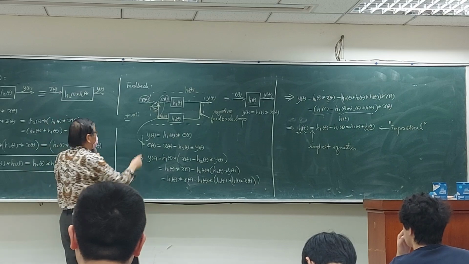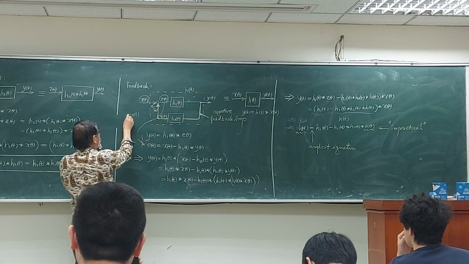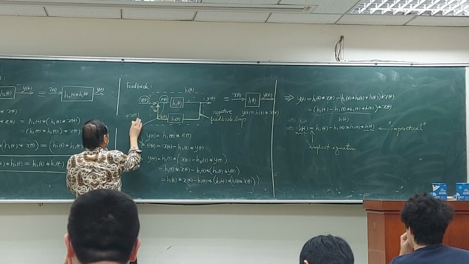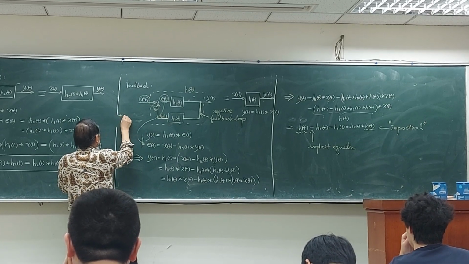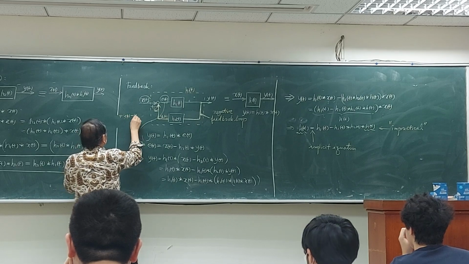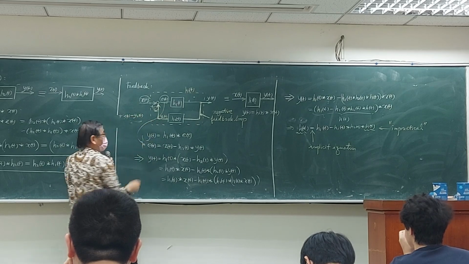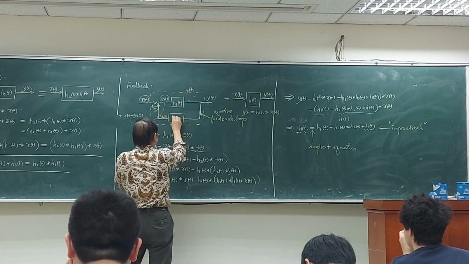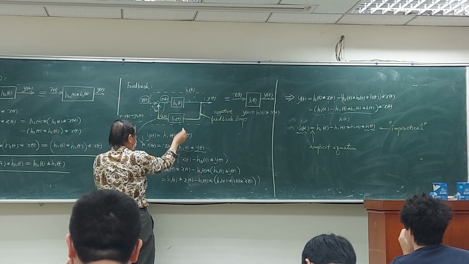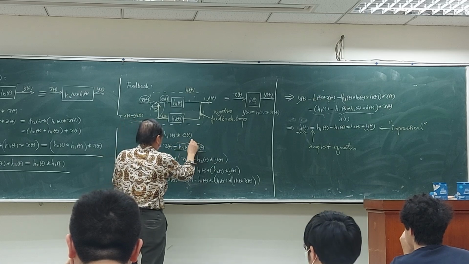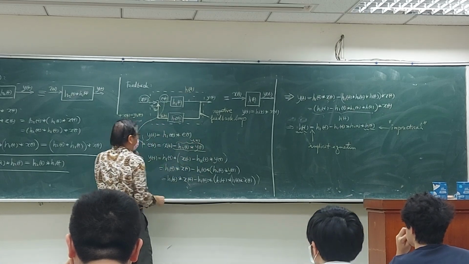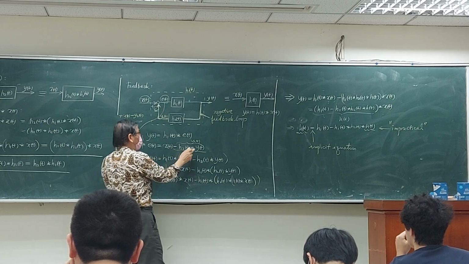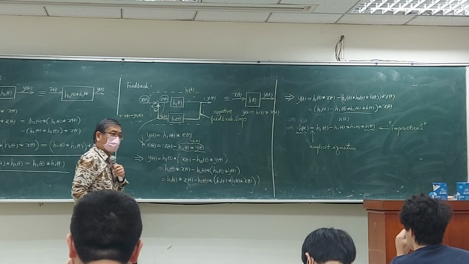Then E of T is equal to positive X of T minus Y2 of T, and this Y2 of T is the output of H2, which is equal to the convolution of H2 and E.